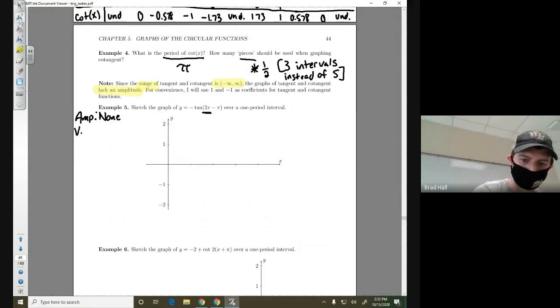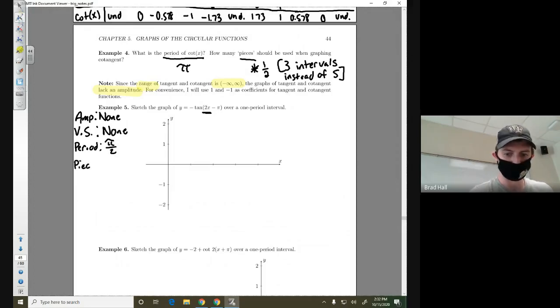Just to stay consistent, vertical shift, there is none. Just to keep everything in order, because we're not adding anything to the function as a whole. So let me go back to the period, which was pi divided by 2, and the pieces, pi divided by 2 times 1/2, which is pi/4.